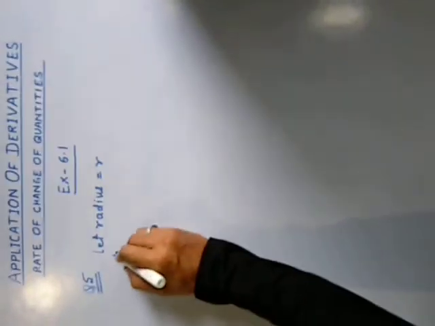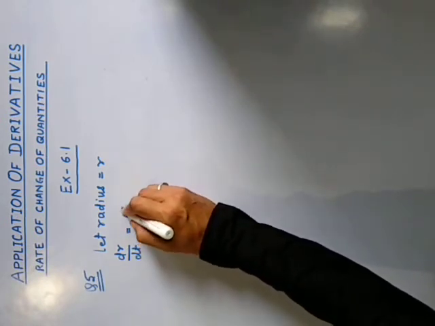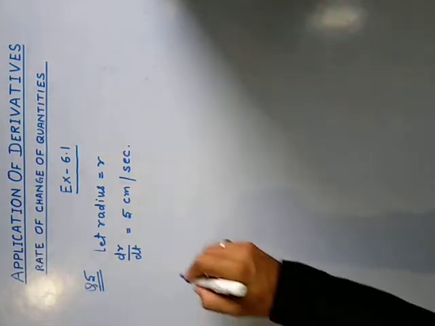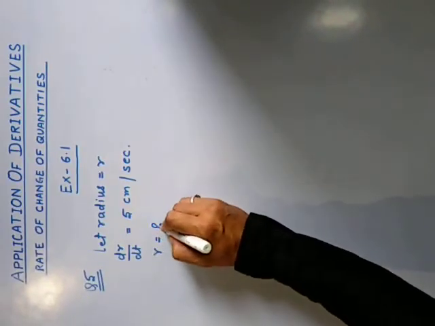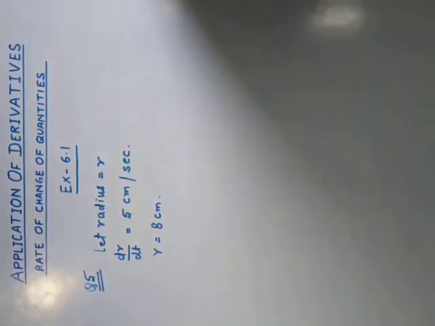Now since waves are moving in circles at the speed of 5 centimeter per second, it is dr over dt equals 5 centimeter per second. At the instant when the radius of the circular wave is 8 centimeter, how fast is the enclosed area increasing?